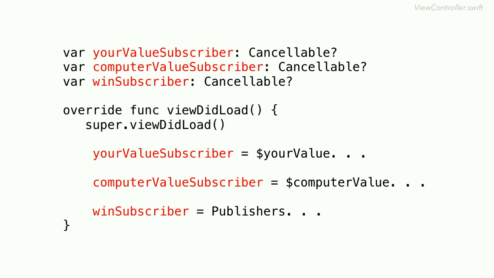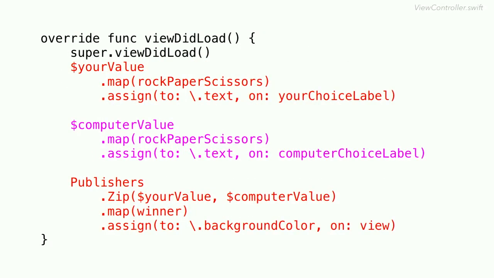Can't I do it without those variables? Can't I just get rid of those? And the answer is initially no. If there's nothing to hold on to it, it's just going to go away. You've got to hold on to the subscriber, or the publisher says no one's listening to me anymore. And if no one's listening to me anymore, I'm going to stop sending the message out.